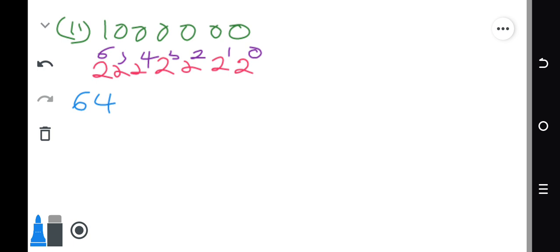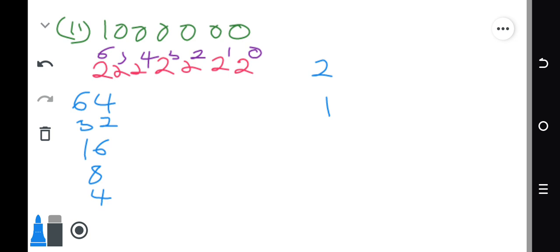Exponent 5 will give us 32. 2 exponent 4 will give us 16. Exponent 3 will give us 8. Exponent 2 will give us 4. And then exponent 1 will give us 2. And then exponent 0 will give us 1.